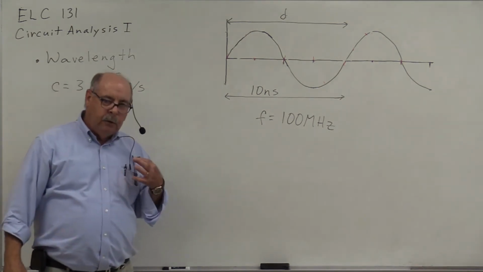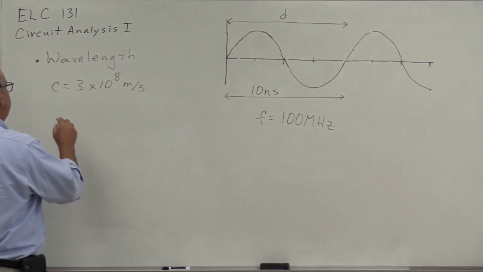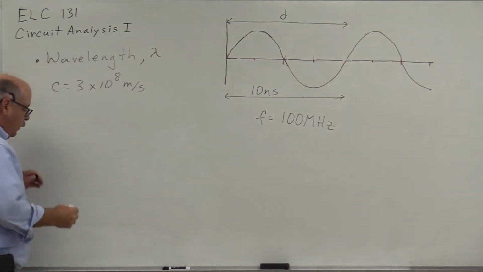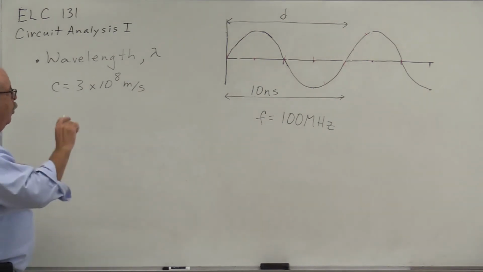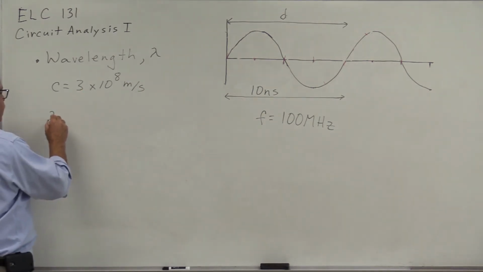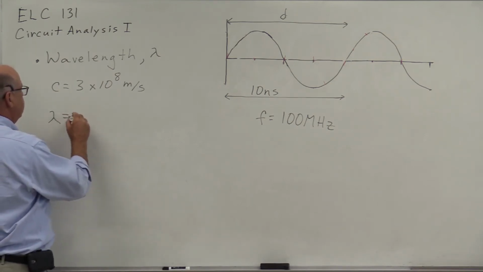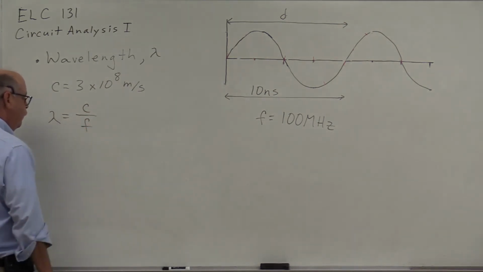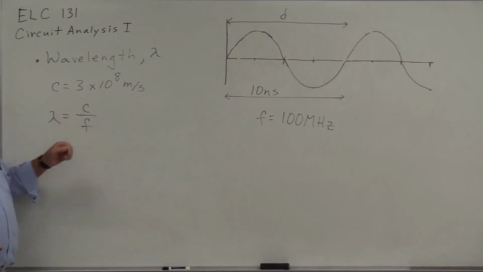So when we talk about the wavelength of this electrical energy, we use the Greek letter lambda to represent wavelength. The wavelength of this AC waveform is equal to C divided by F.